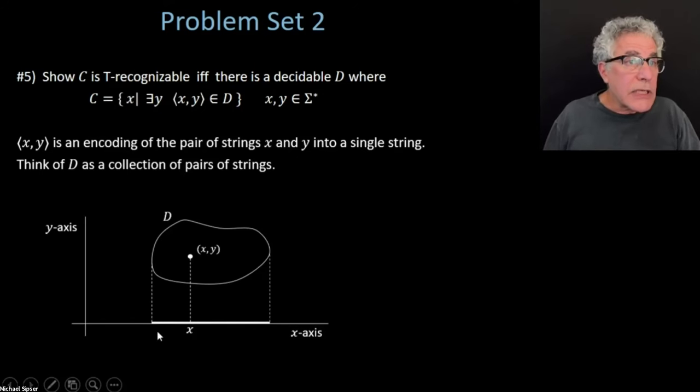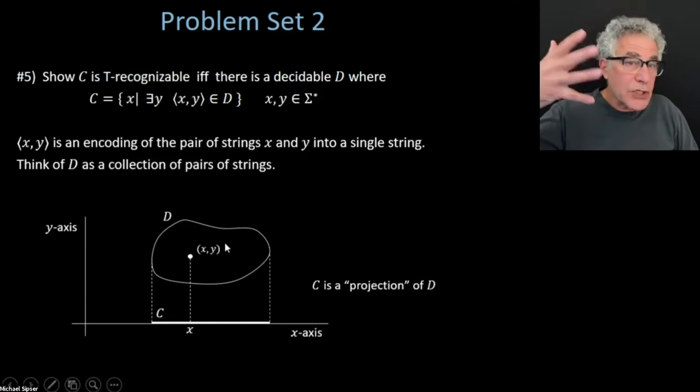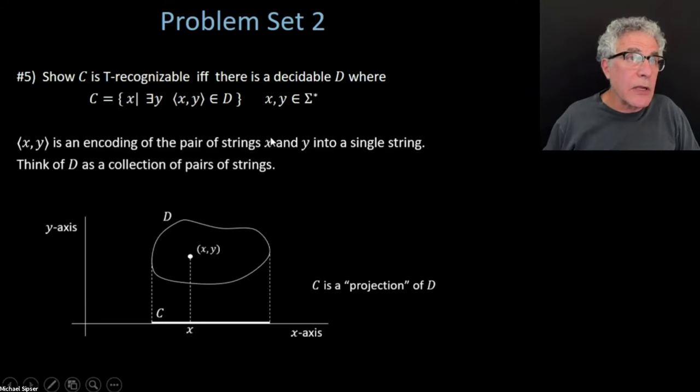And C is all of the X's that correspond to any pair in here. Sometimes we call that the projection, or the shadow, because it's all the things that are underneath D if you had a light sitting up here. I've written C here a little thicker, if you can see that. So that's the C language.